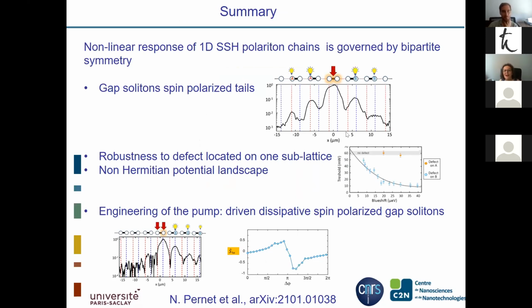Yes. So I just want to summarize that we have created interesting solitons in this driven dissipative SSH chain, that there is some robustness because of this particular peculiar spin structure that we have on the tail. And then we can even also create new solutions which are really akin to topological edge states, and they are created via the nonlinearity.